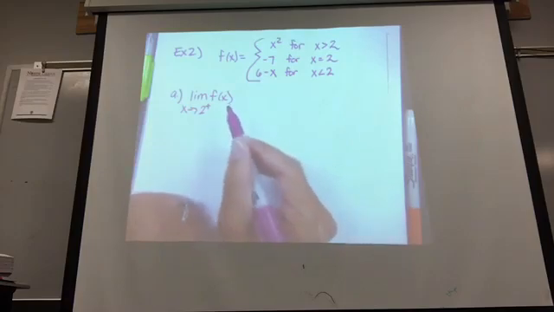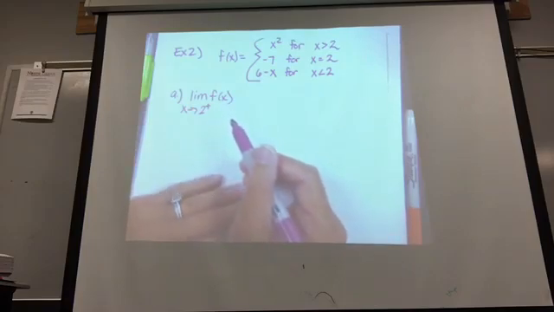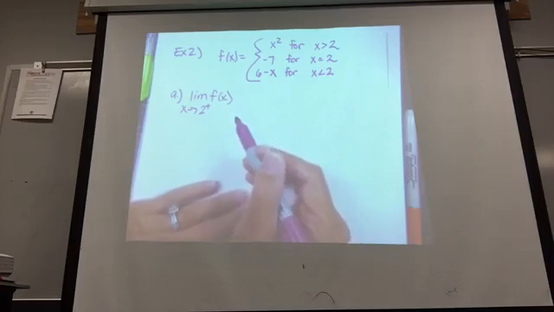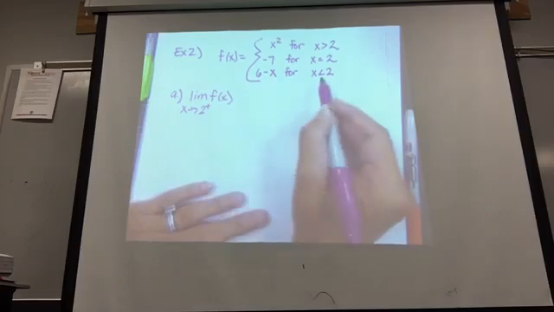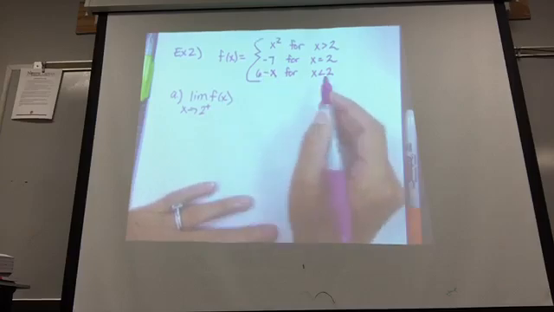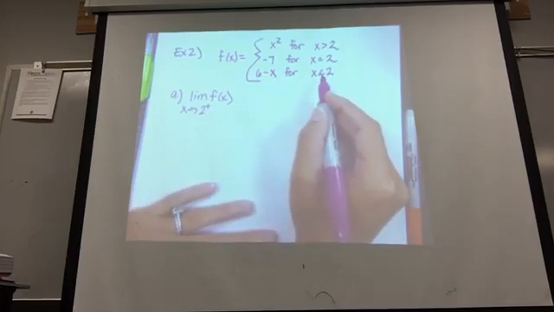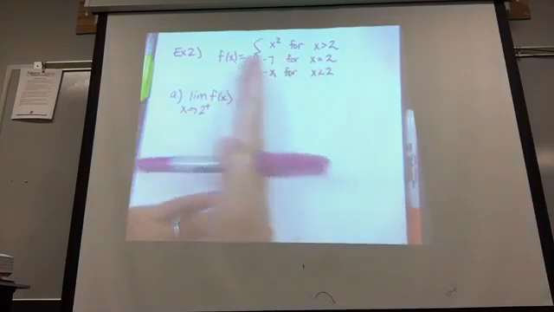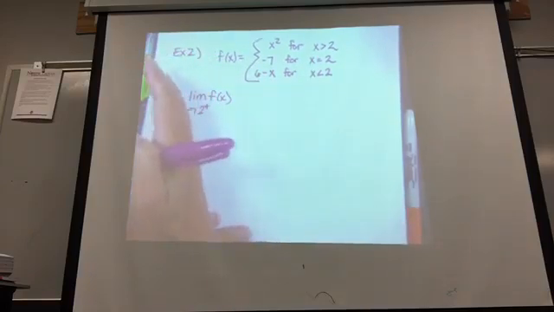So in order to evaluate this using direct substitution, I have to figure out which expression is going to the right of 2. So for the bottom one, I'll just start at the bottom. 6 minus x is graphed for when x is less than 2. Since it's less than 2, that one's coming from the left.